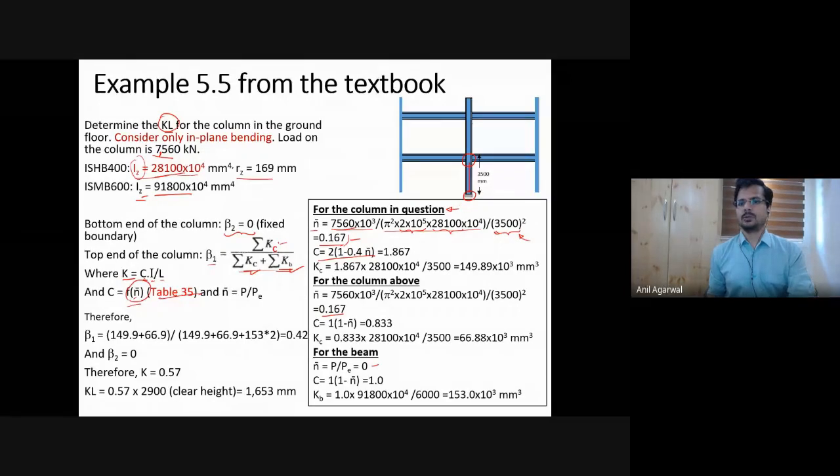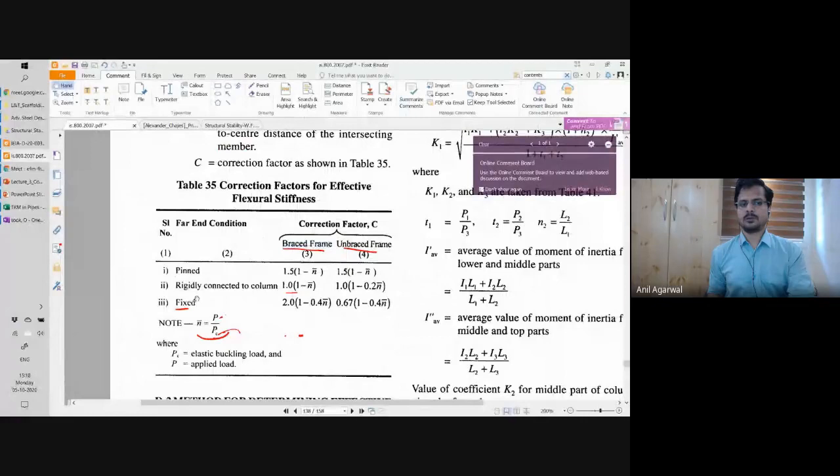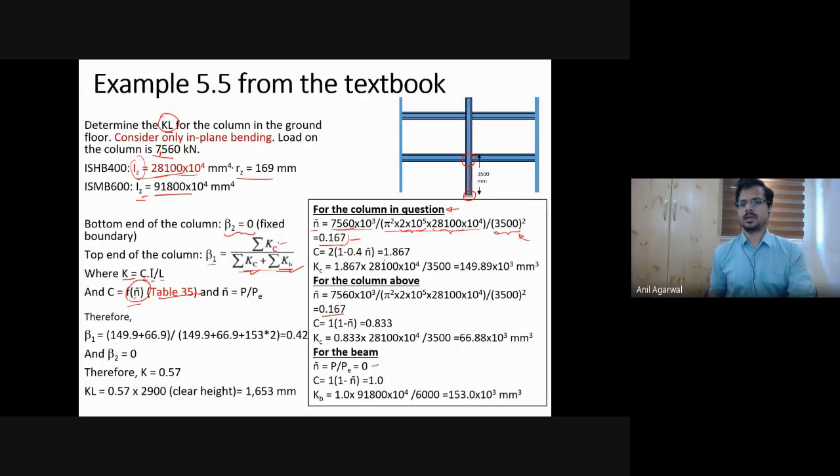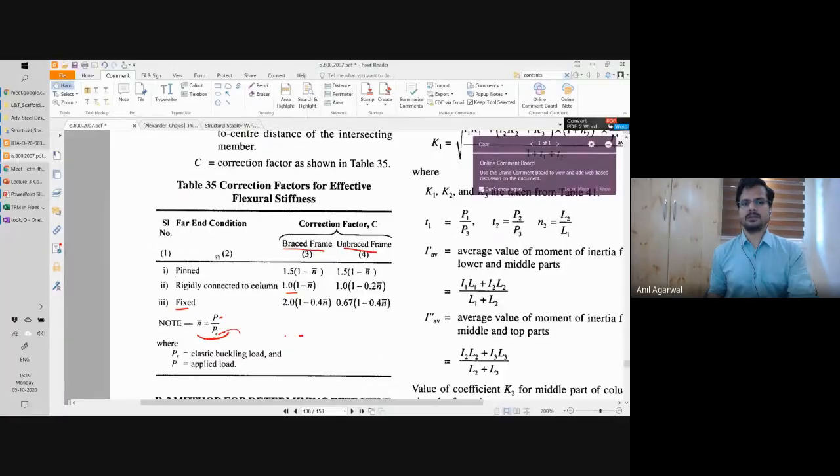So the far end of this column is either pinned, or fixed, or rigidly connected to another column. Is it pinned or fixed? It is fixed. So since it is fixed, I can use 2 times (1 minus 0.4 n bar). I can substitute the value of n bar here, and I'll get a value of C. And then K for this column will be equal to CI by L.